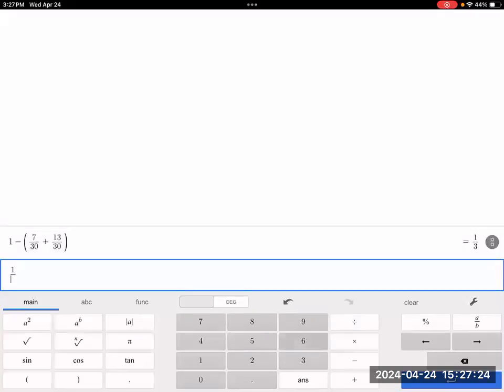We had 1 out of 6 plus 1 out of 15 plus, notice how it's going to take me a minute, 1 out of 30 plus 1 out of 30 plus, let's see, one more, I think, 1 out of 30.